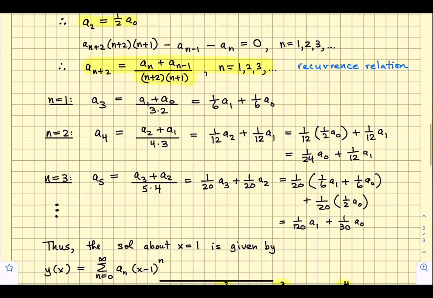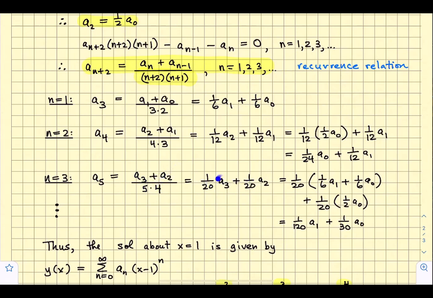Let's do another one. When n is 3, we get a5 equals (a3 + a2) all over (5 times 4). So again, this is 1/20 a3 plus 1/20 a2.